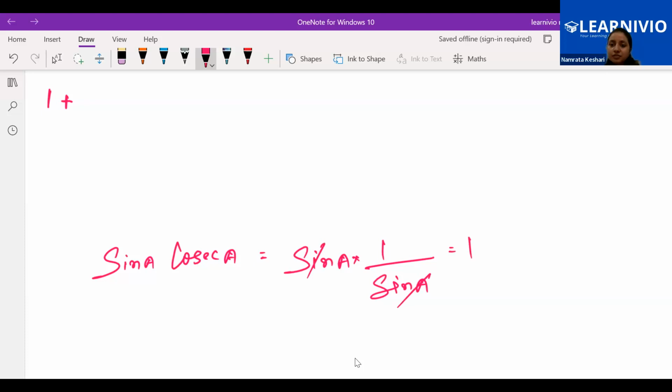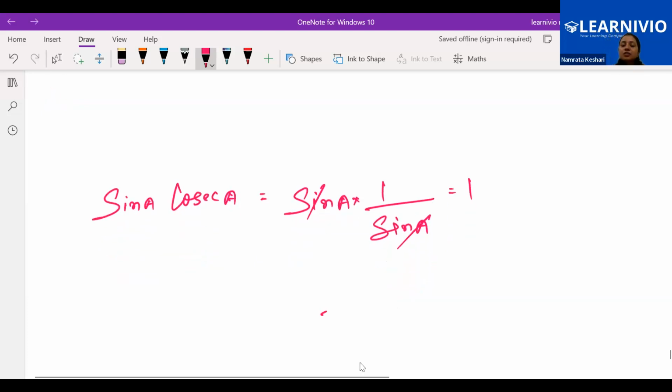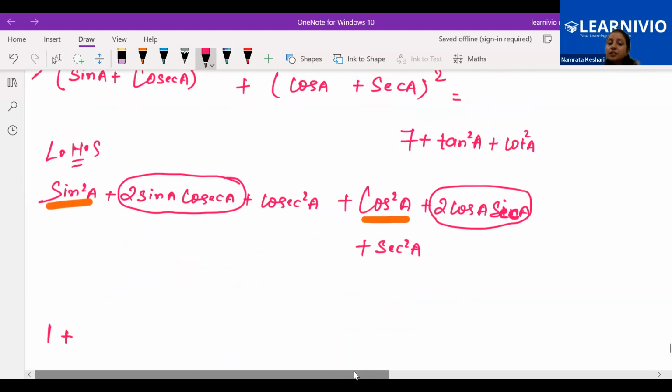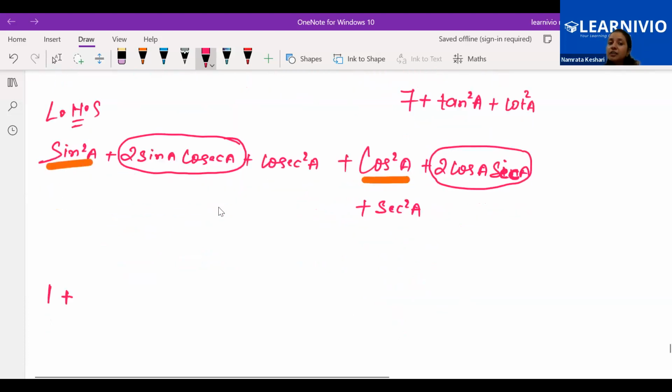Yes or no? If we are having 3 into 1 by 3, the result is 1, right? Yes. So here you must notice that sine A cosec A, it's 1.